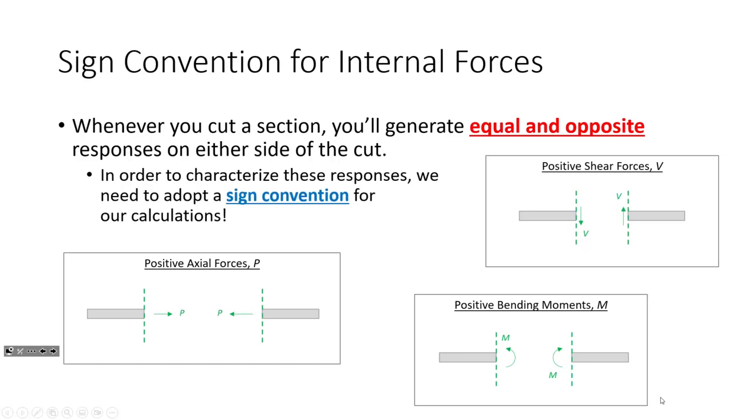One of the reasons I go on this tangent a little bit is that there are some software programs that have different sign conventions when it comes to columns. For example, a very popular software program for structural analysis is RISA, and RISA will assume compression is positive because it's thinking about it from a building design standpoint.